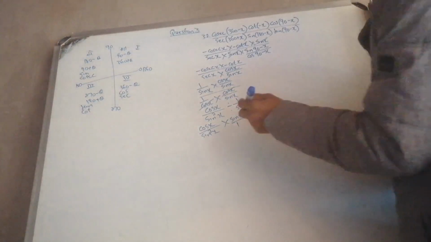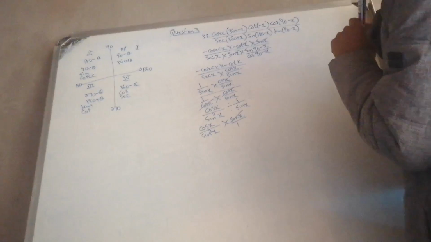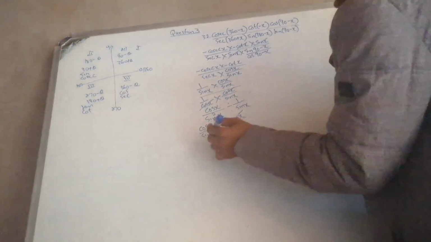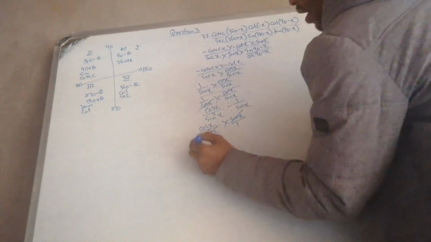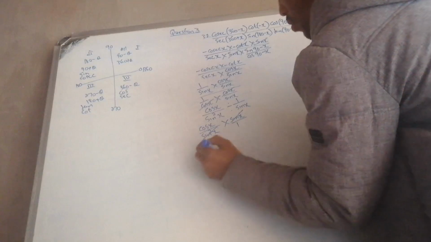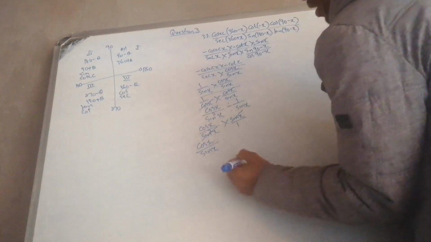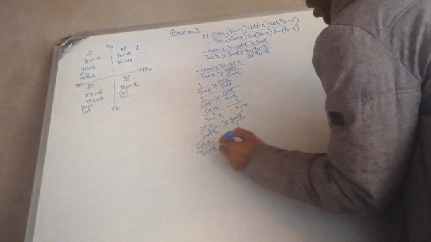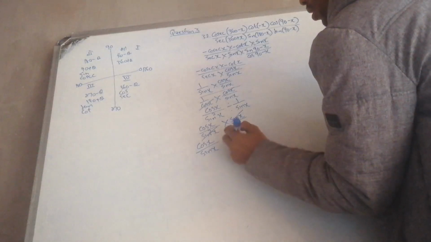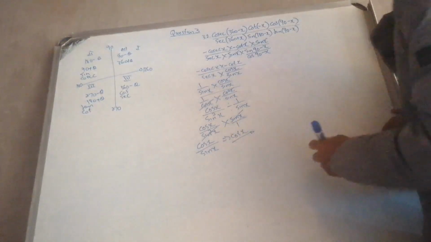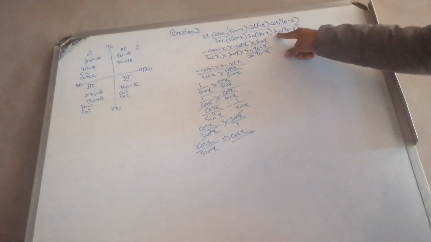And if I cancel sine and another sine here, I'll be left with cos x over sine x. And this still gives me cot x. So I was correct to say that tan of 90 minus x would be cot x.